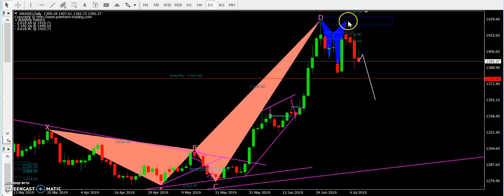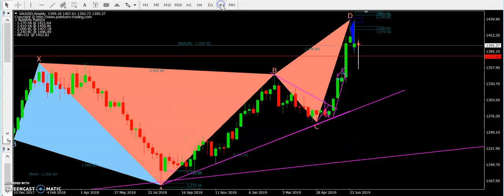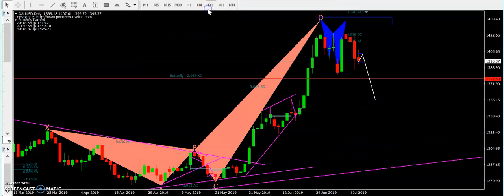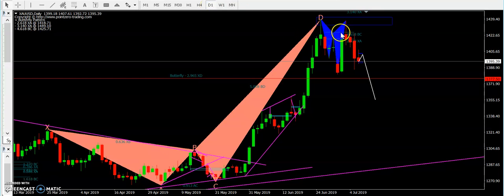That one right there, confirmed. As you can tell, it's giving different pattern names as well. You have the Gartley, so it labels what kind it is, the butterfly. It's still a butterfly, but a little bit different. And then the 4 hour, it's a Gartley. It gives you names to study on your own.